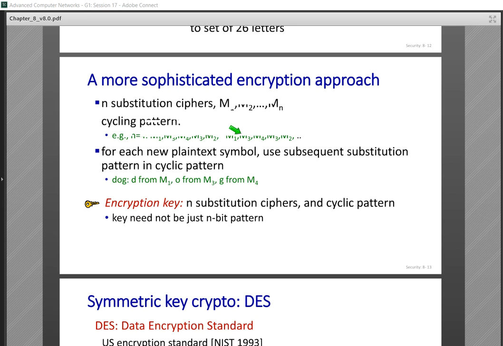And for each character, I should find, okay, this character should be replaced by the ciphertext, for example, ciphertext X. Okay? So, if you use this strategy, its breaking is a little hard. So because for each character I'm using another characters.